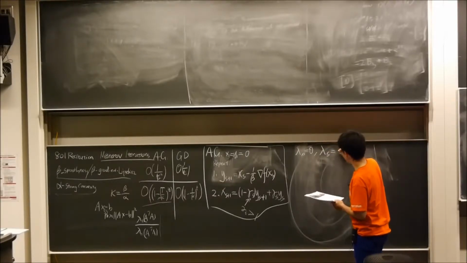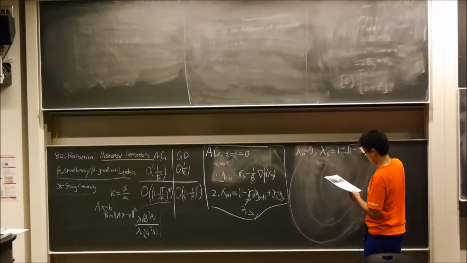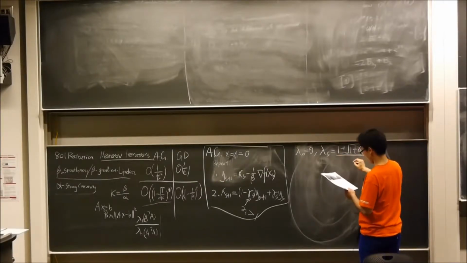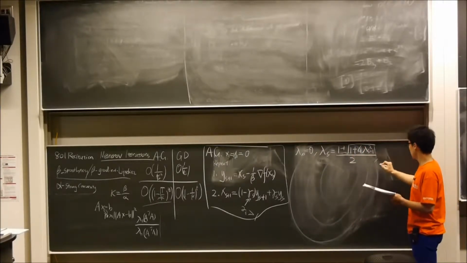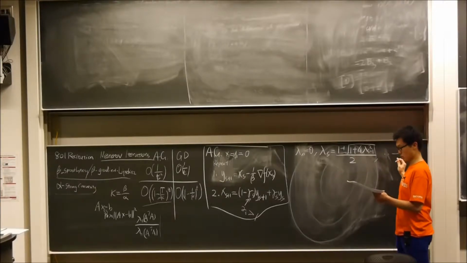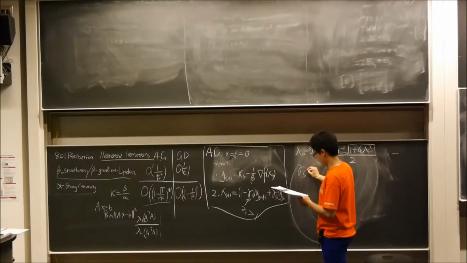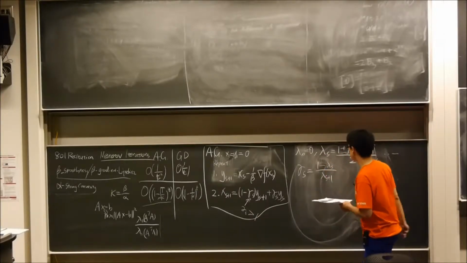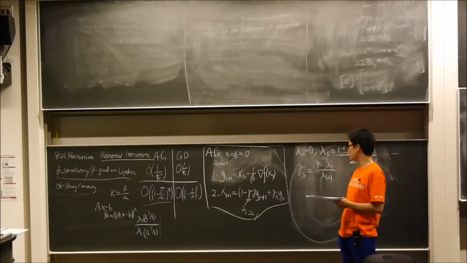Lambda s equals 1 plus the square root of 1 plus 4 lambda s minus 1 squared, over 2. Right? So this gives us a sequence of lambdas. And this gamma s would equal some function of the lambda s. So this is a step size we need to pick in every iteration.